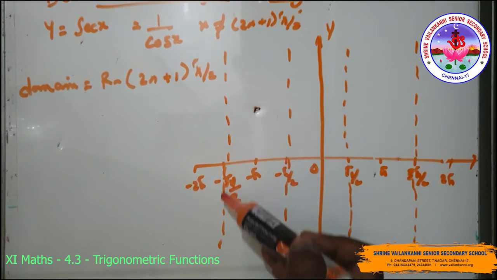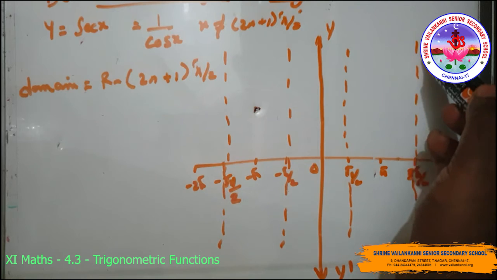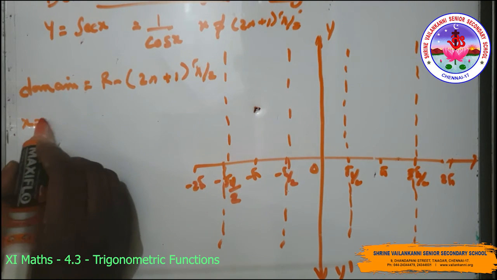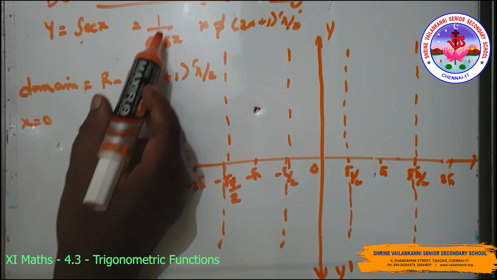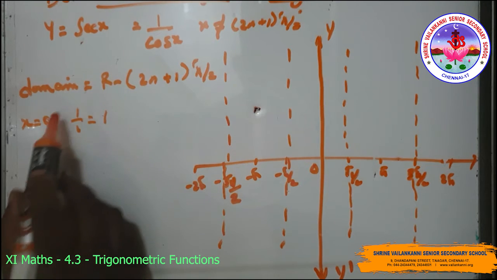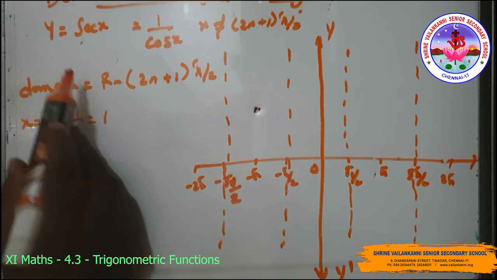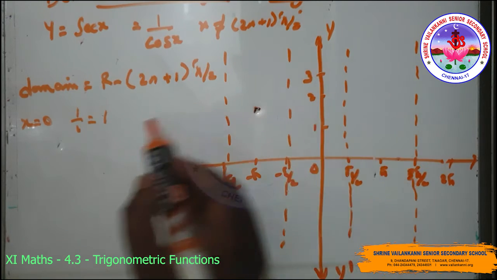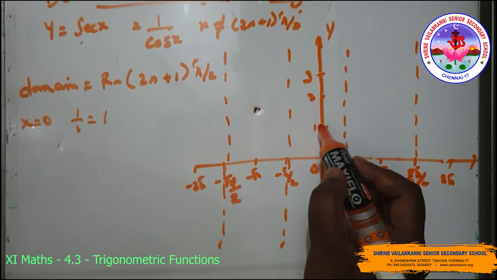Where it is not defined, at the odd multiples of pi by 2, I have drawn like this. Then when x is 0, secant x is 1 by cos 0, which is 1 by 1, which is 1. So when x is 0, y is 1. So this point.